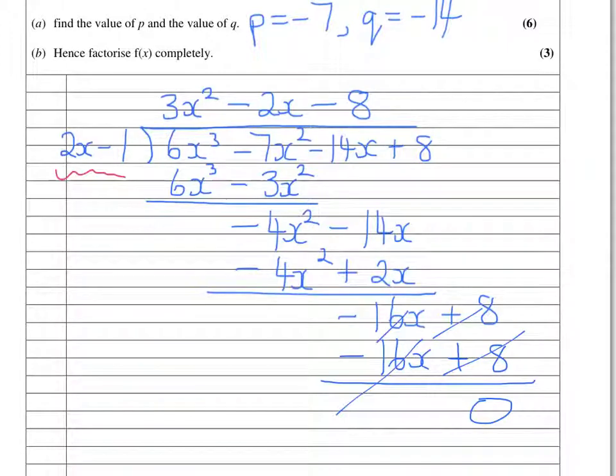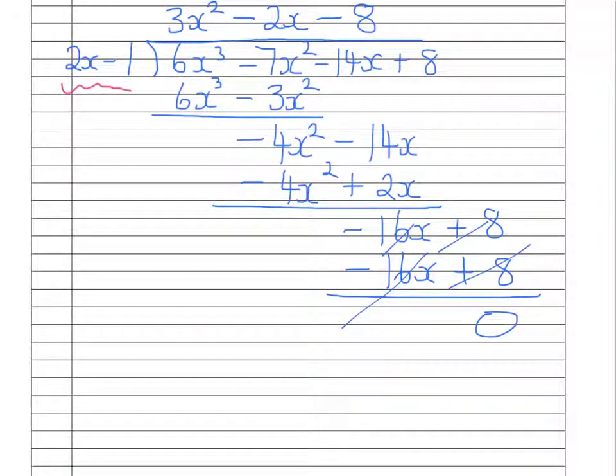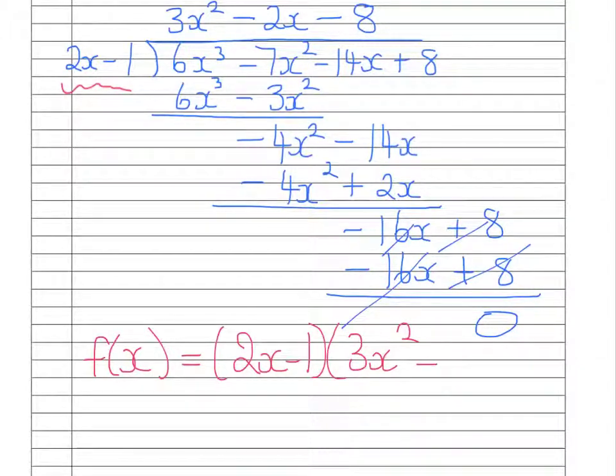Right, having done that, I now know that f of x equals 2x minus 1 times 3x squared minus 2x minus 8. So I just need to factorise this quadratic to get my final factorised f of x.